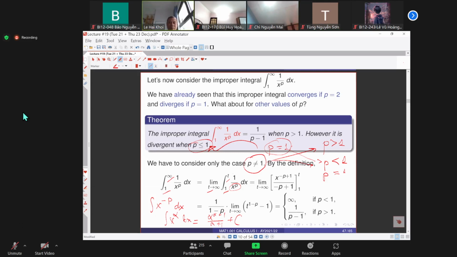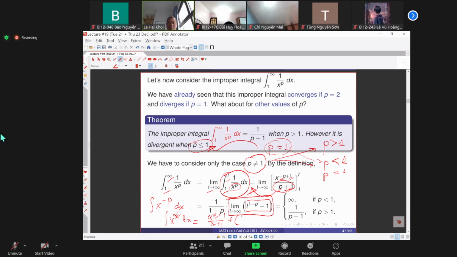So this integral is x to the power alpha plus 1 over alpha plus 1, where alpha is negative p, computed from 1 to t. We take out 1 over 1 minus p because no t is involved. Then we have the computation at t and at 1, the definite integral, and you take the limit.